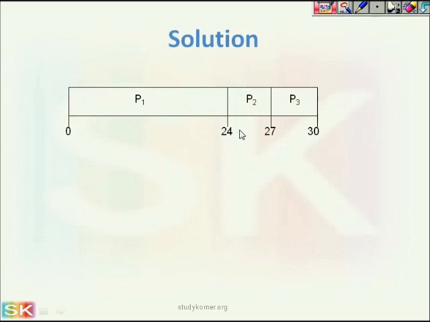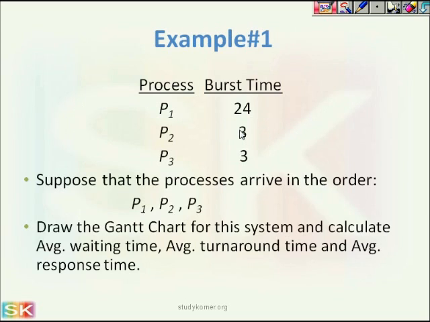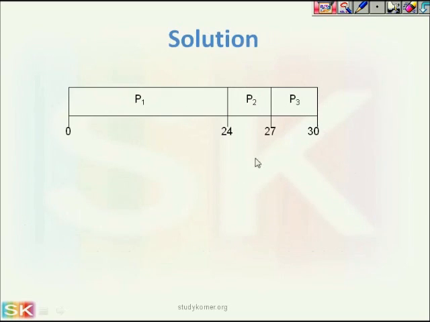So P2 will start from 24 and end at 27. P3's burst time is again 3. So P3 starts at 27 and finishes at 30, right? So this is the overall Gantt chart of the CPU, you can say the timeline diagram of the CPU.